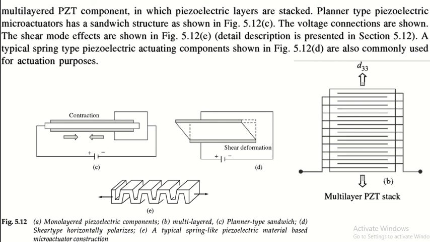In figure number A we studied the monolayered piezoelectric component, in figure number B the multi-layered, then figure number C is the planar type sandwich, figure number D is shear type horizontally polarized, and figure number E a typical spring type piezoelectric material based micro actuator construction.